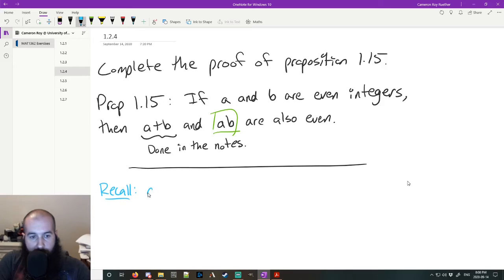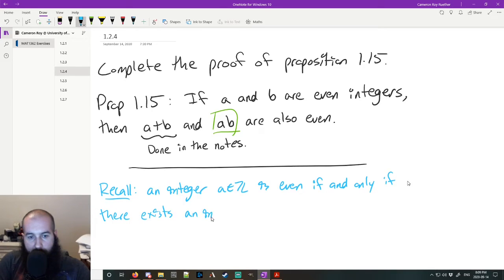An integer a is even if and only if there exists another integer, which I'm going to call k, such that a is equal to 2 times k. So the even integers are exactly the multiples of 2.